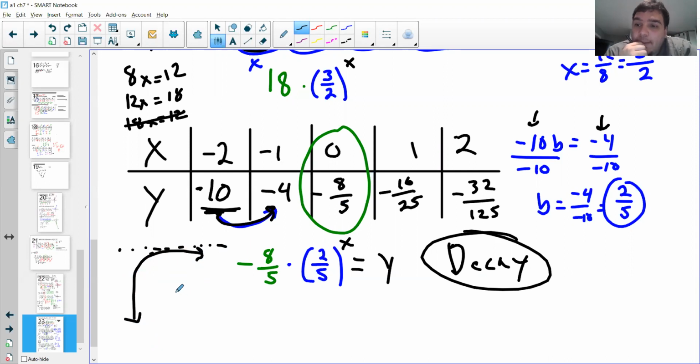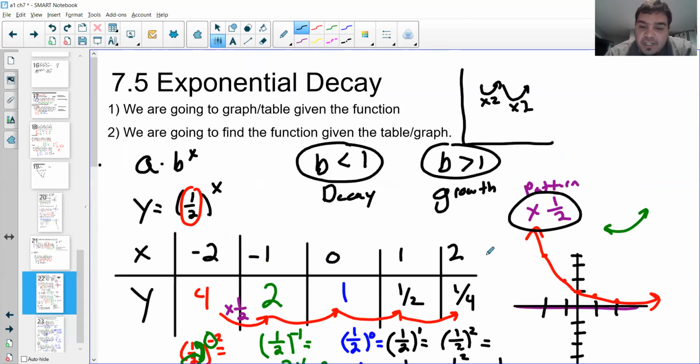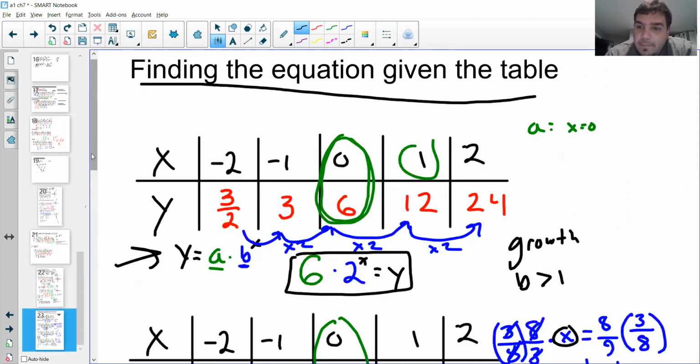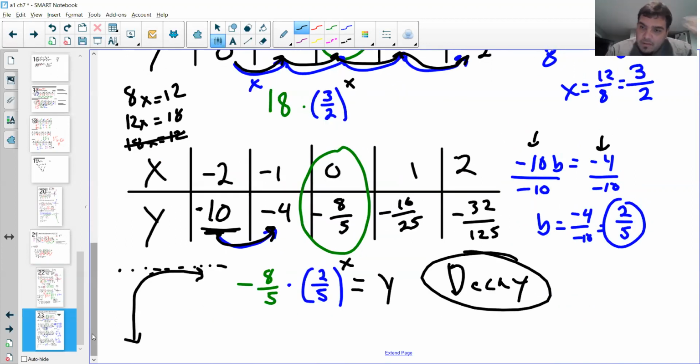Are we going to need to know how to graph this? When I give you the table, you don't need to graph it. I'll just give you the table. But you do need to know how to graph it when I give you the equation, and you have to plot out points. You'll have grid paper on your test paper, so you don't have to worry about that. Tomorrow, are you going to do a review of everything?